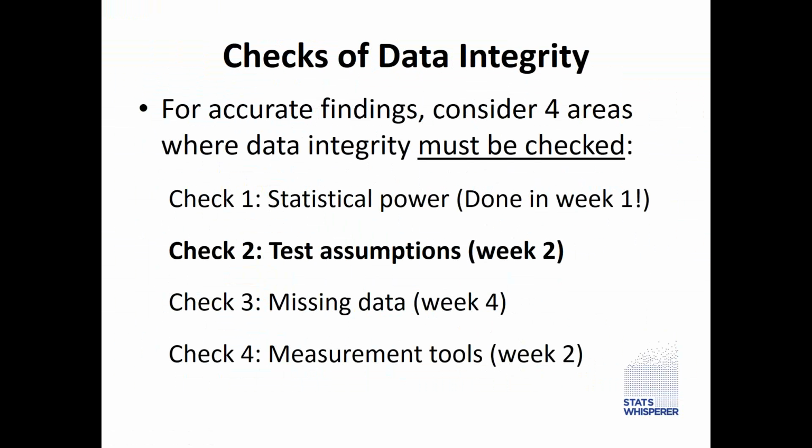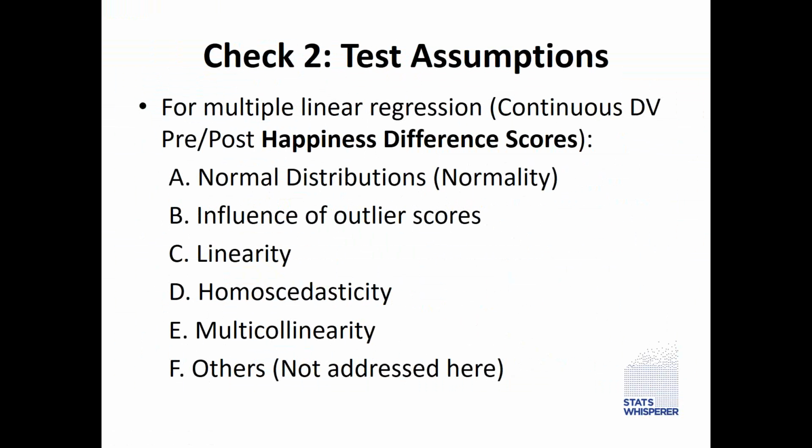So keeping in mind that we're looking at our difference scores here, let's look at our test assumptions. First we'll look at check 2, test assumptions. When we're doing multiple linear regression, or almost any parametric F-test, which is also the repeated measures GLM, we want to look at several things.